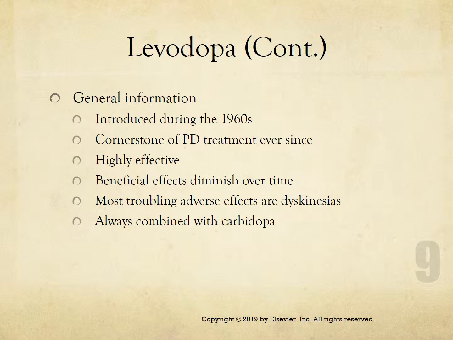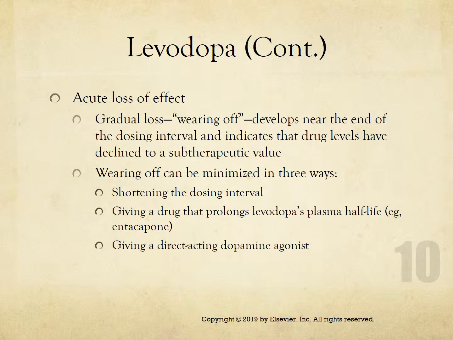It's still highly effective and is always combined. There's a gradual wearing off near the end of a dosing interval, and this can be minimized in 3 ways: by shortening the dosing interval based on the half-life, giving a dose that prolongs its half-life, and that's why it's given in combination, or giving a direct-acting dopamine agonist.